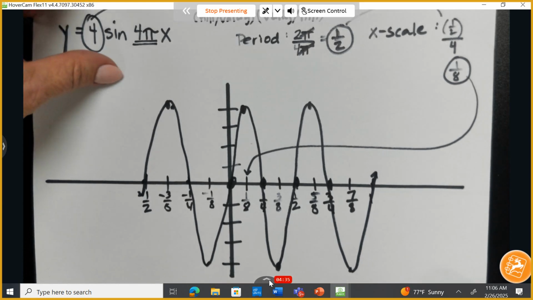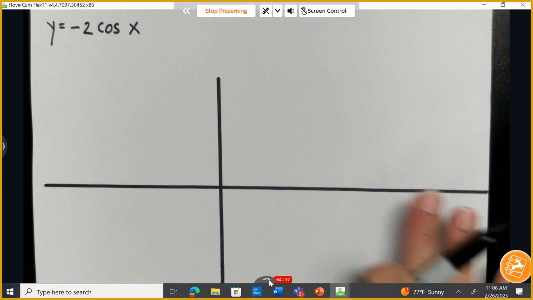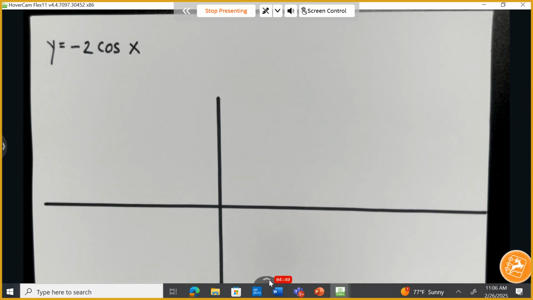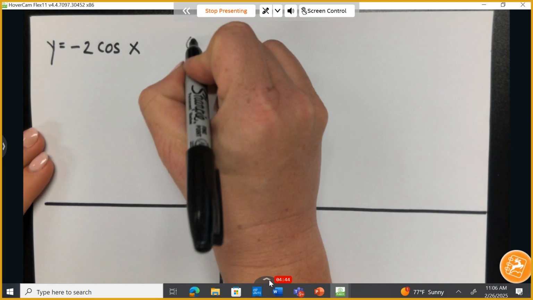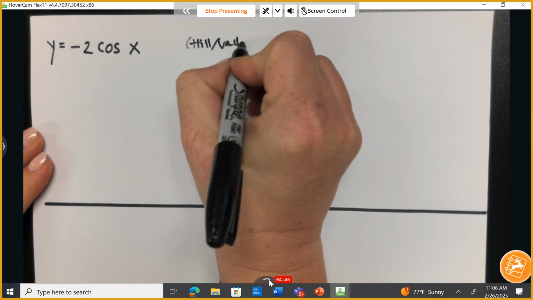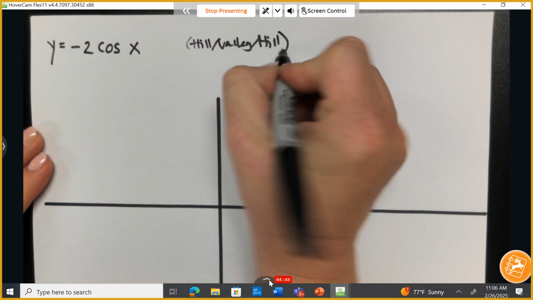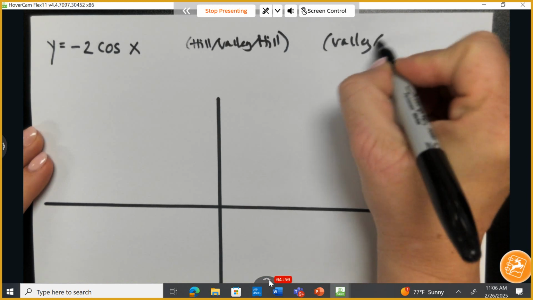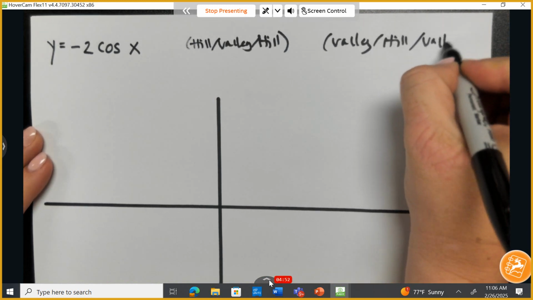Okay, we're ready for our second example. It's our last example. Please write this down. I'm going to write down our options. It's hill, valley, hill, or it's valley, hill, valley.